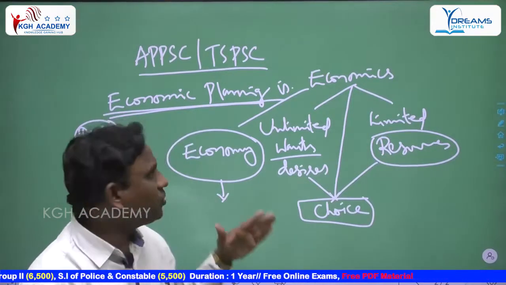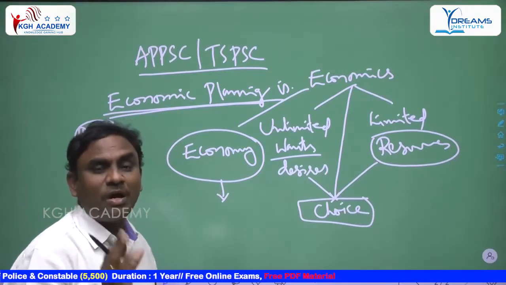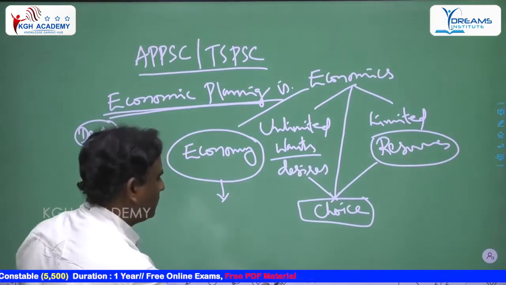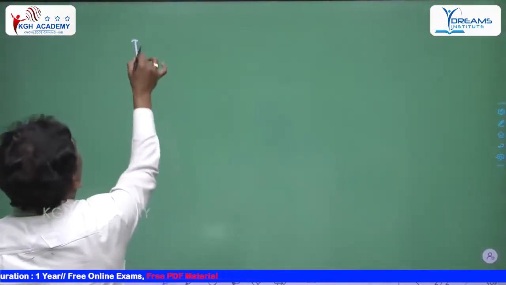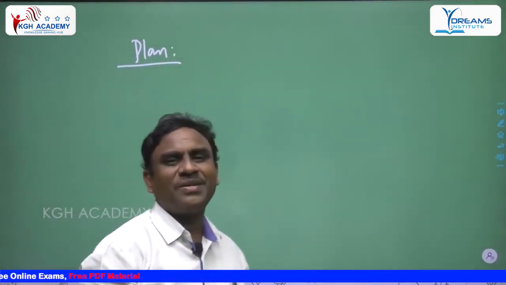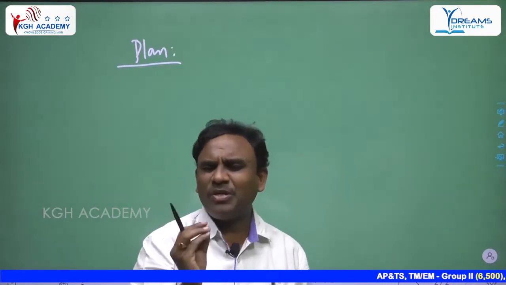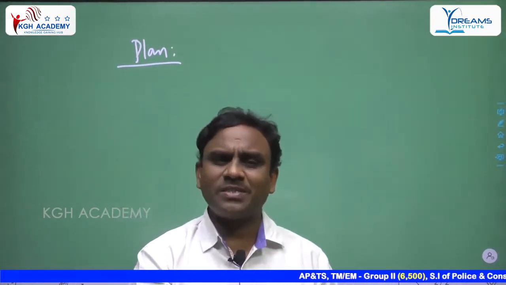Now we are going to discuss the definition of the planning system or economic plan. Plan, what do you mean? Everybody knows about a plan. You people are preparing for Group 2 examinations.